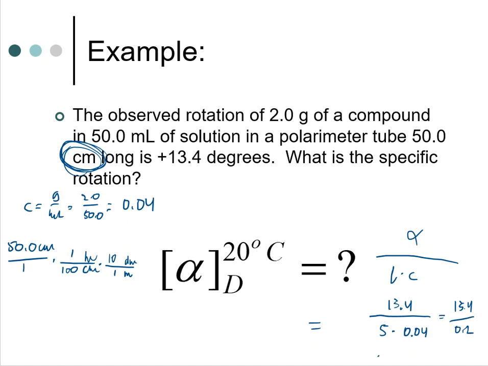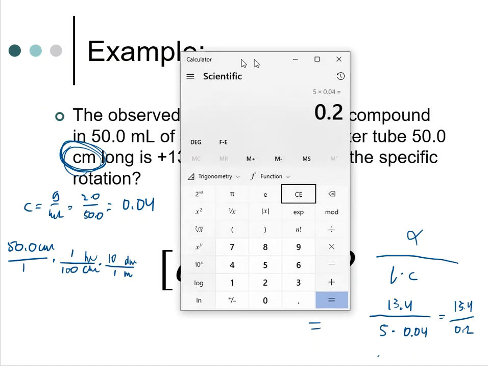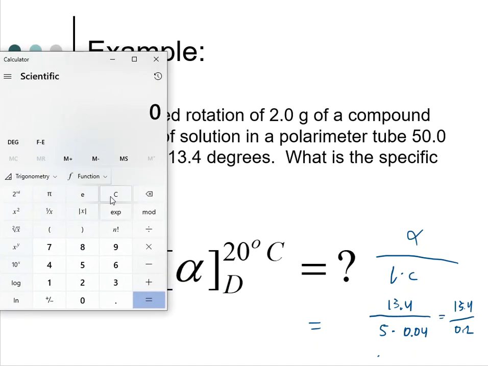Order of operations here, folks, right? Otherwise, if you key this all into your calculator in one step, it's going to take 13.4 divided by 5 and then multiply by 0.04. And that will probably give you a different answer. That's not what needs to happen here. L and C needs to be multiplied together first. Order of operations.